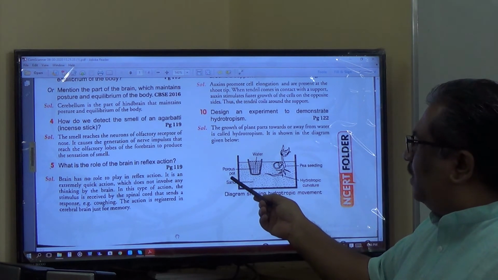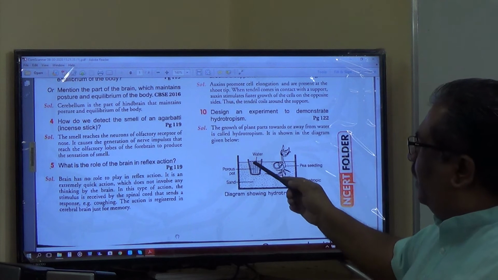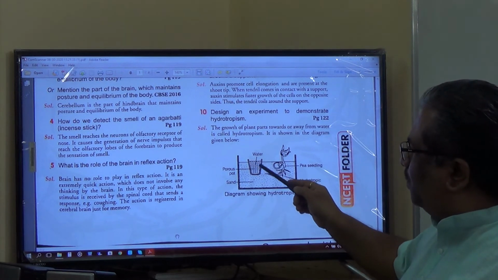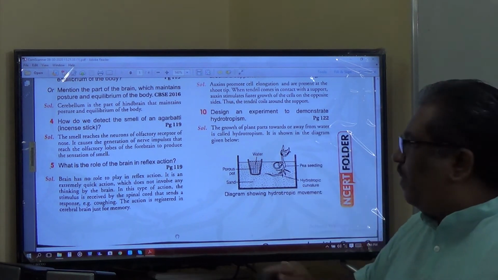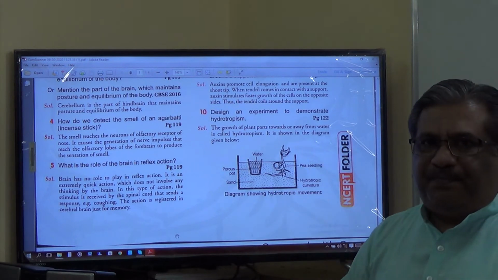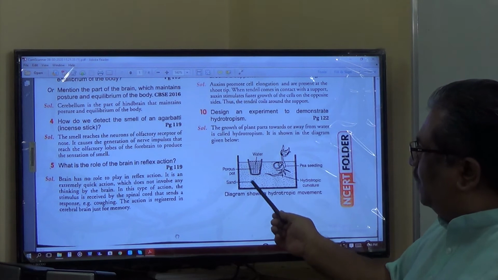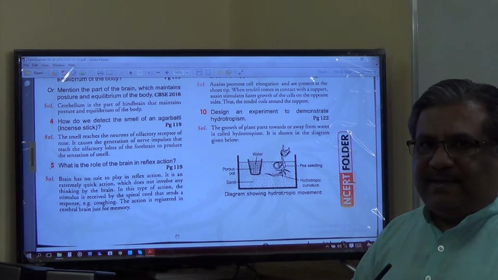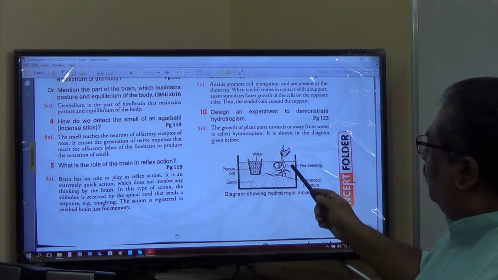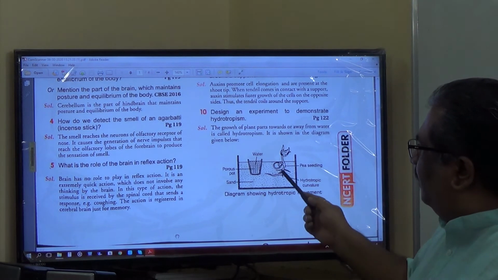That is a porous pot. Embed this porous pot into the sand and fill up water here. Through the pores present on the walls, the water seeps into the sand, very slowly. Now you take germinating seeds.